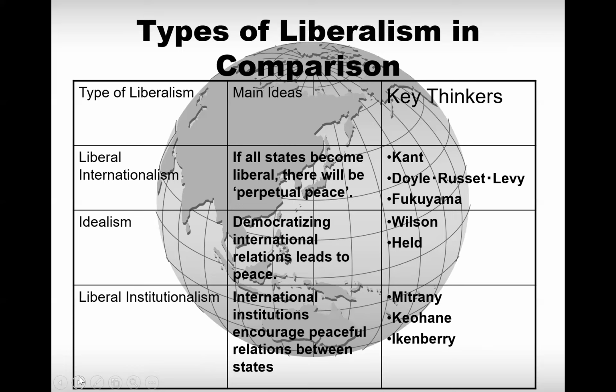And liberal institutionalists believe that international institutions encourage peaceful relations between states, and that even illiberal states, which are not democratic, can benefit from joining these institutions, and this would make war between them unlikely.